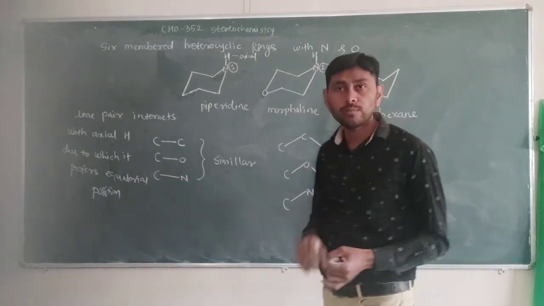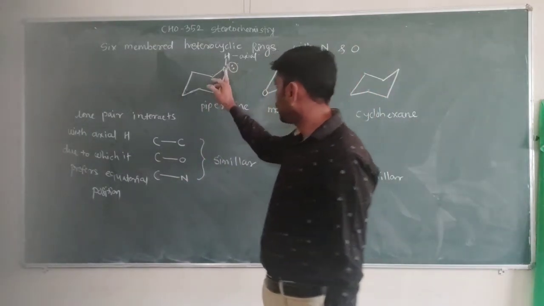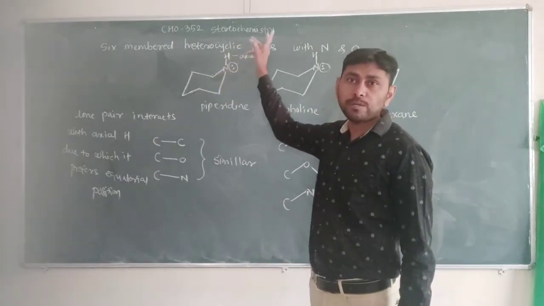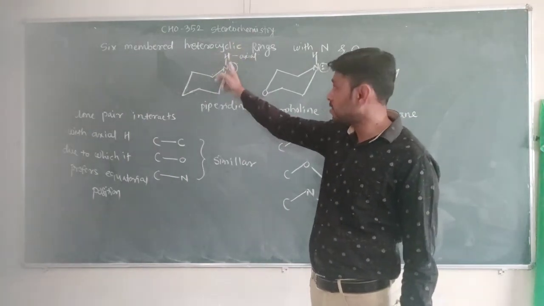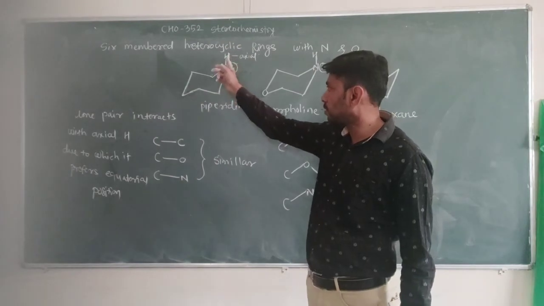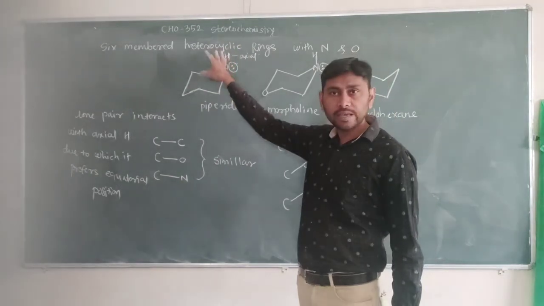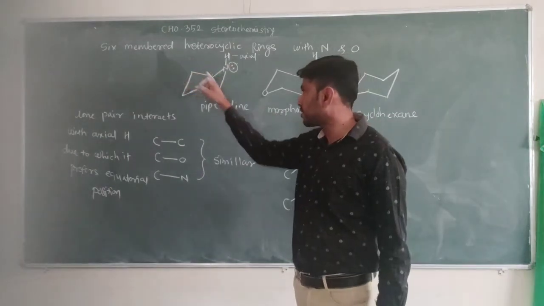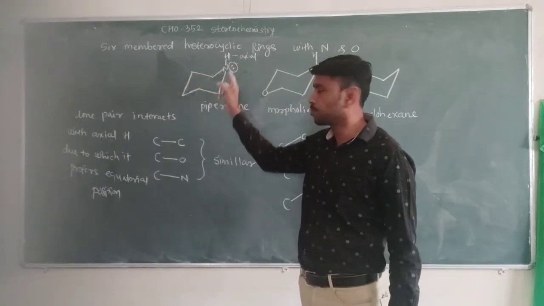But the important major difference is that the hydrogen present on nitrogen prefers the axial position, because when the lone pair is in the axial position and hydrogen is equatorial, there is an interaction between the axial hydrogens and this lone pair.